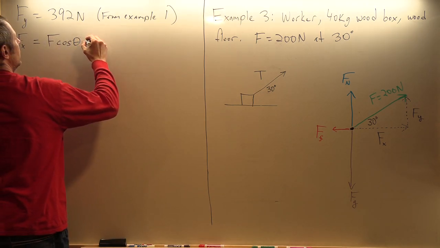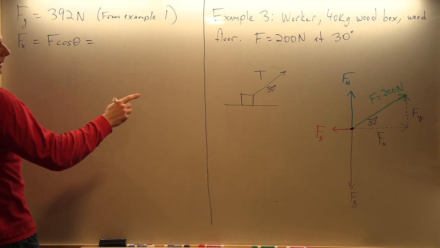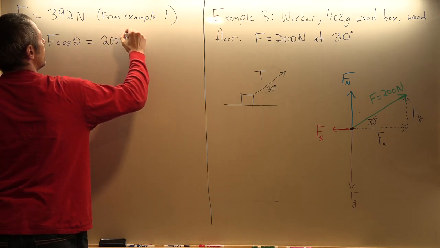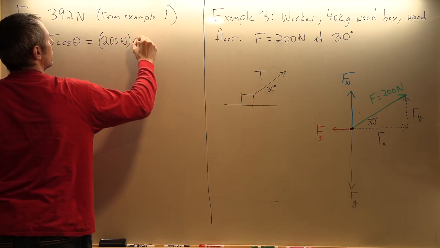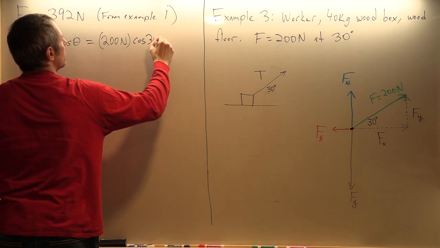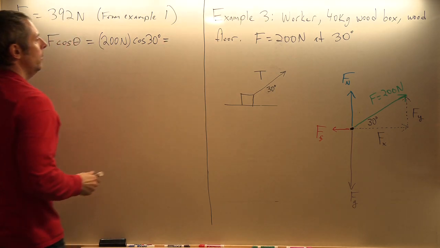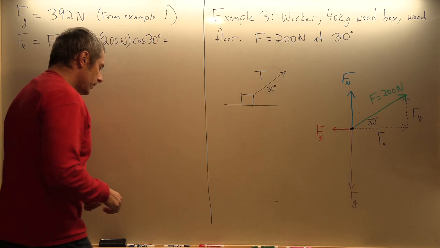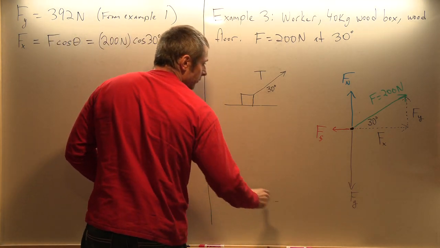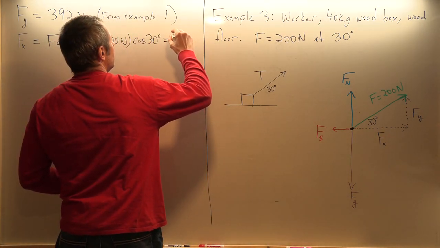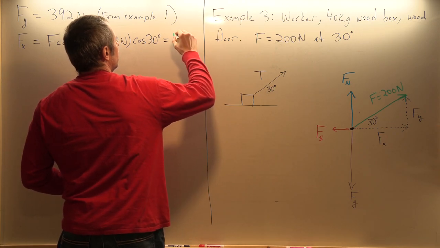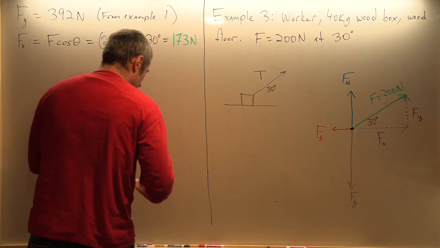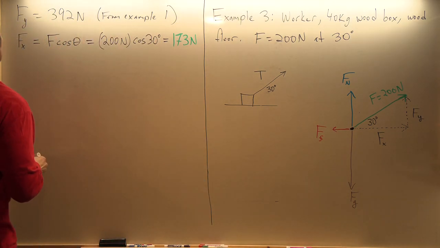So now I can say that I have 200 newtons, and when I put that in on a calculator, what I get is 173 newtons. And we're going to see that that's what causes the forward acceleration. I'll explain that in a minute, but I'll color code that for later, 173 newtons.